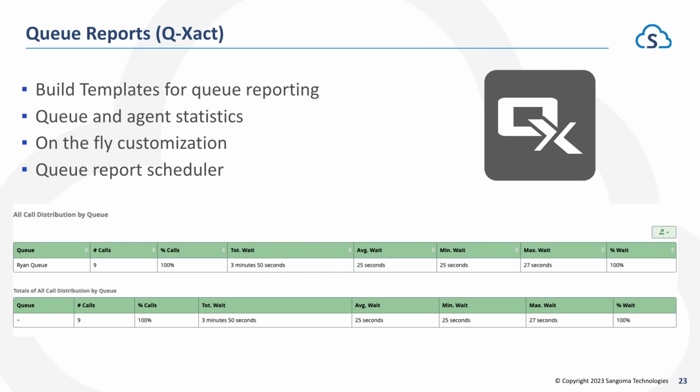And then you can use the queue report scheduler to have these reports emailed to your team as often as you want them, daily, weekly, monthly, annually, whatever it may be. So this is good reporting for anything inbound into your queues from that standpoint.